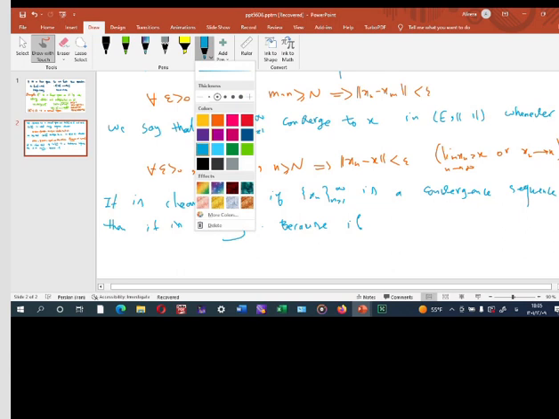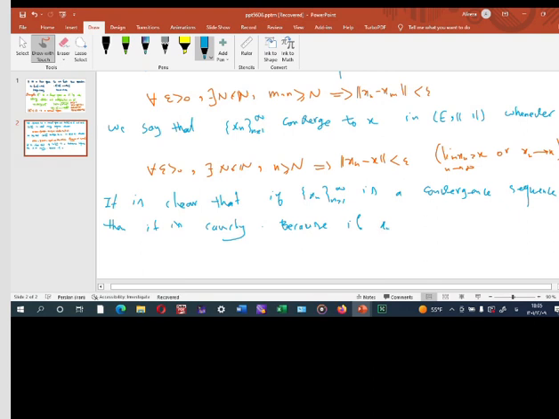Now if the limit of xn equal to x, let me write by notation: for each epsilon there exists N such that if n is greater or equal N, then we have this. Epsilon divided by 2, because this holds for all epsilon, we can consider epsilon divided by 2.